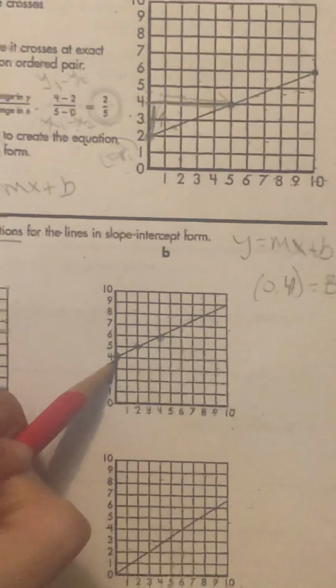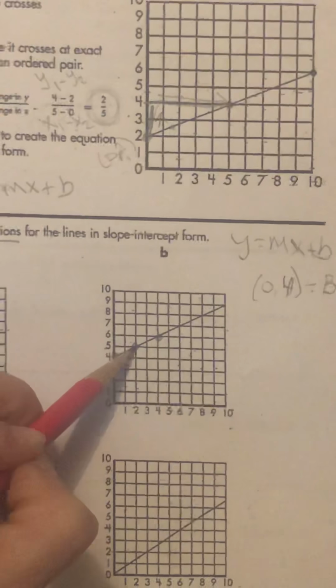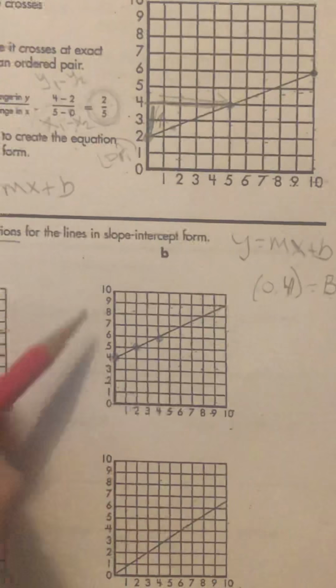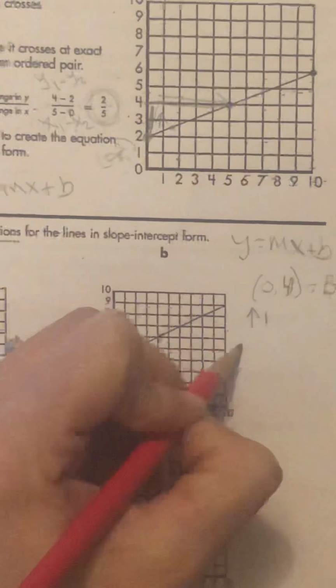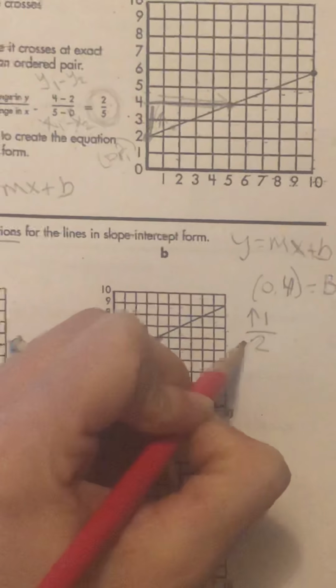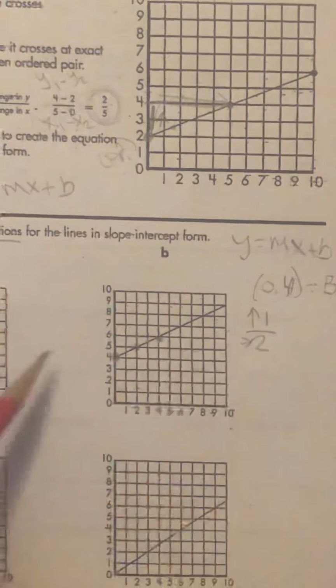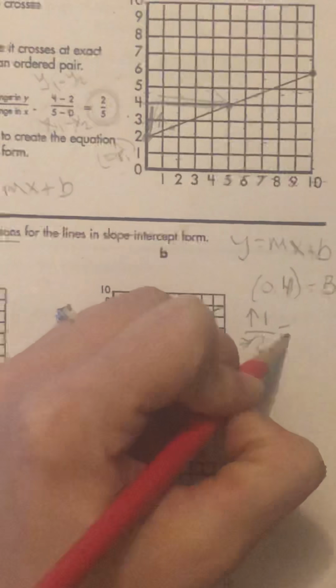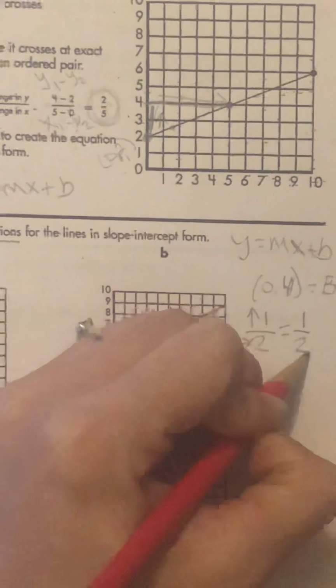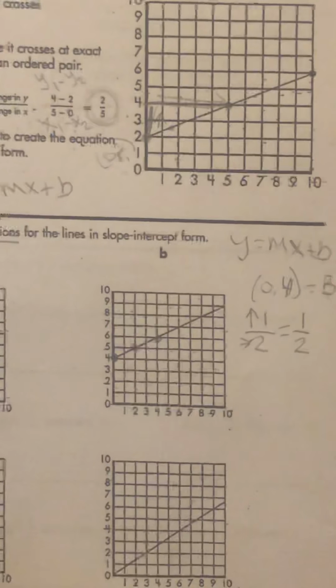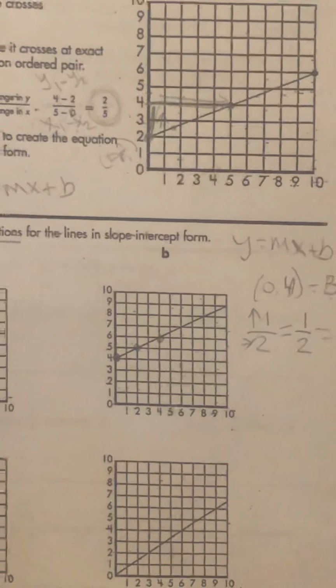If I start at the y-intercept, I have to go up 1 over 2. I'm increasing my value by 1 and increasing my value by 2. So both of these numbers are positive, and I have a positive slope of 1/2. That's my m value in the equation, y equals mx plus b.